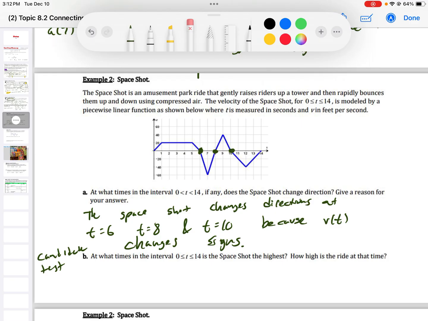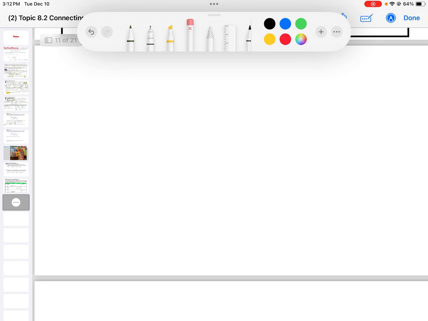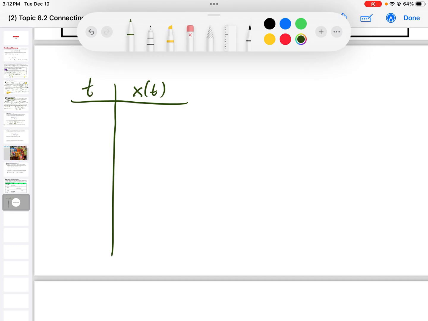All right, so let's see, and we're going to try this. At what times is the space shot at its highest? All right, so my candidates need to be t, and then x of t, if x is the position given the velocity. So I know it could reach its highest point either at the endpoints or at all the critical values.